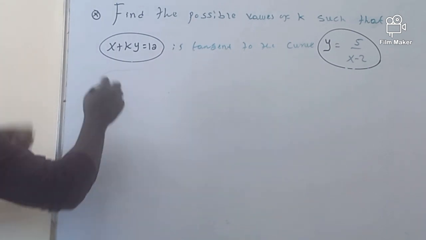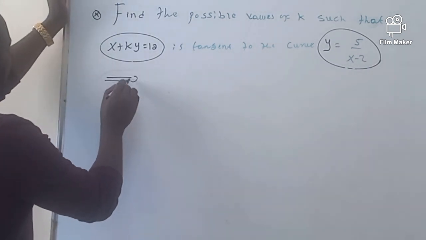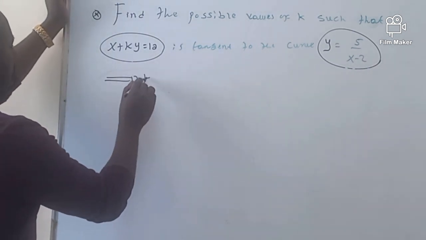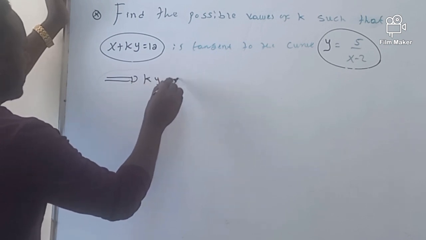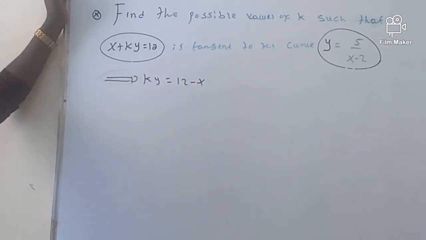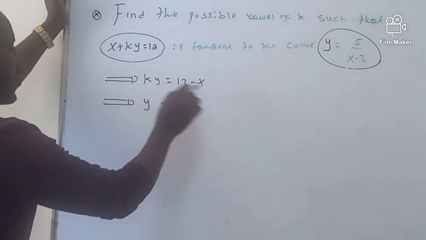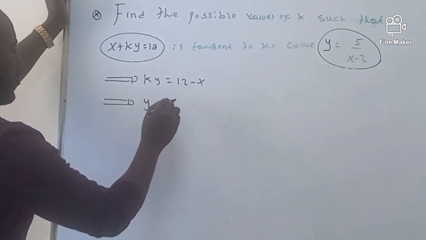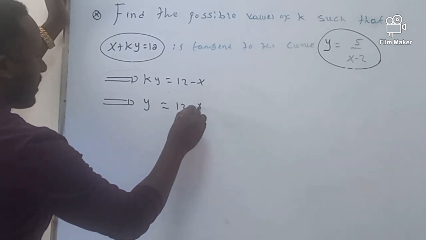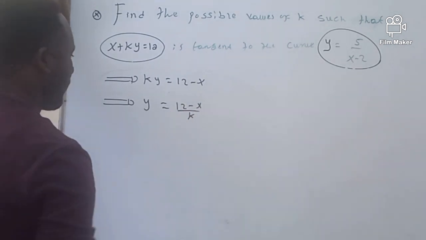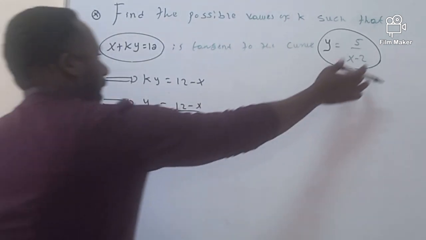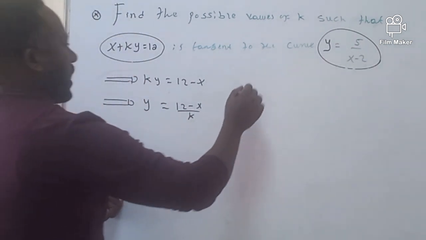First of all, let me describe this problem. This is written as ky equals 12 minus x. Then let's solve for y in terms of x and k, that is y equals (12 minus x) over k. This is the value for y, and we already have the other y value here.